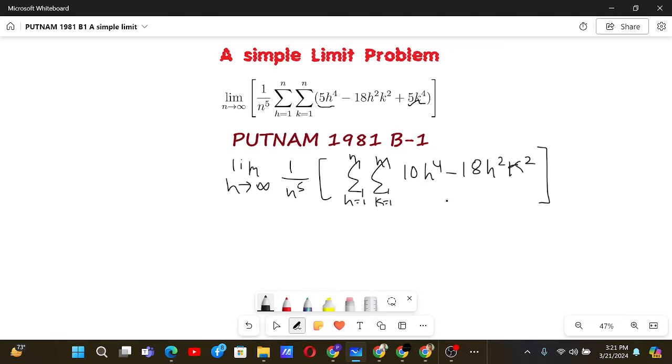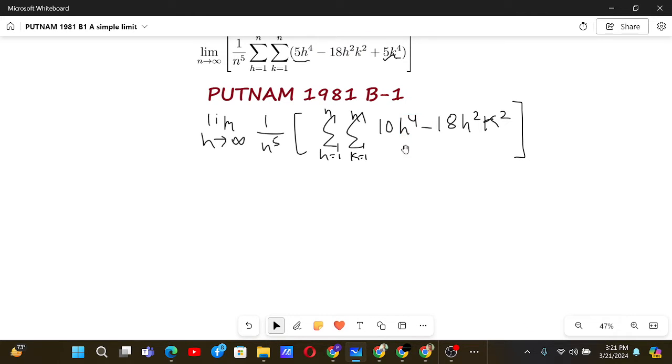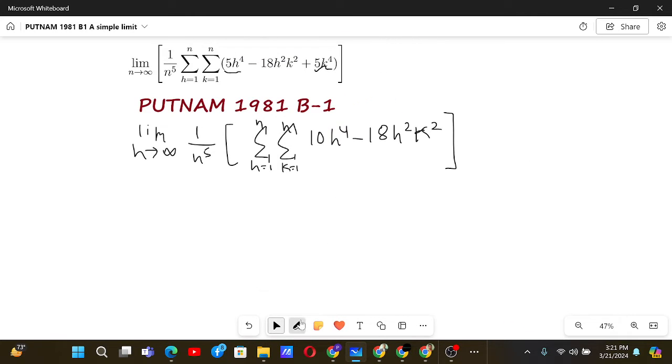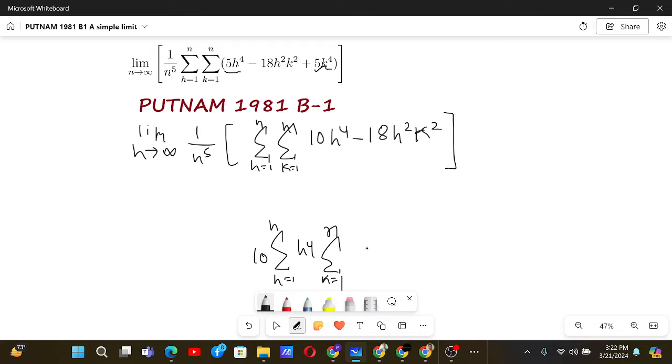Okay, now how do we deal with this problem? If we try to split this up and sum, what do we get? Basically you get the sum from s equals 1 to n of 10 times s to the power 4, and the sum from k equals 1 to n of 1.